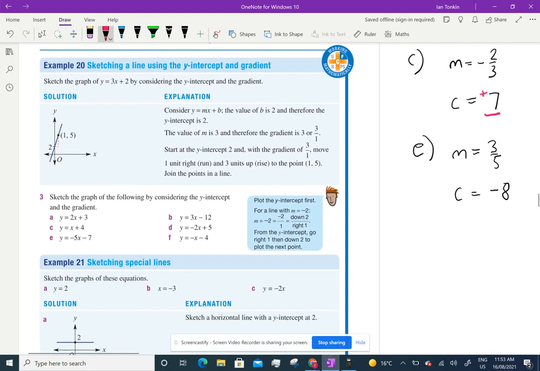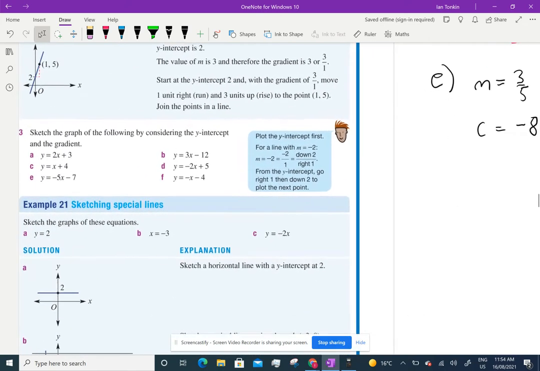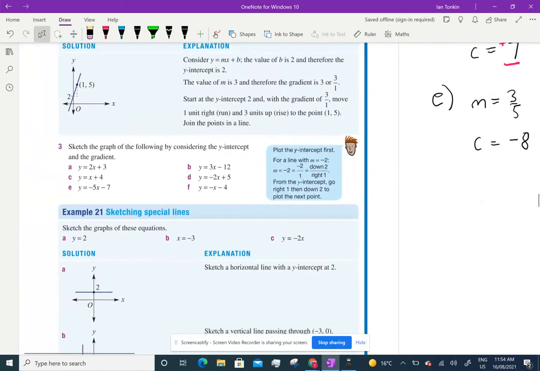In question 3, now, this is the important part. So I'm going to do some of these. I'm going to do some that have a negative gradient, and I need a negative y-intercept. So I'm going to do A. It's pretty easy. And then I'm going to do C and E, and you have a go at B, D, and F on your own. You should be able to do these on your own. I'd stop the video and see if you can do them by yourself.